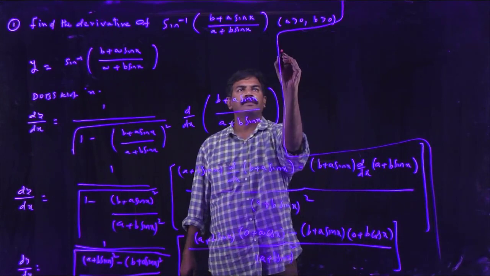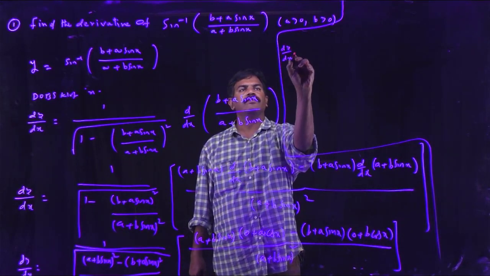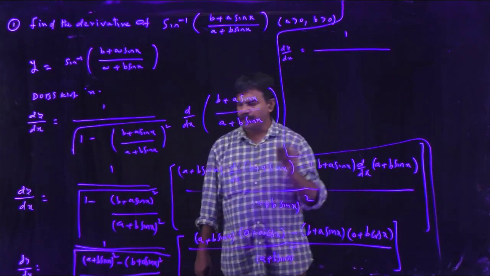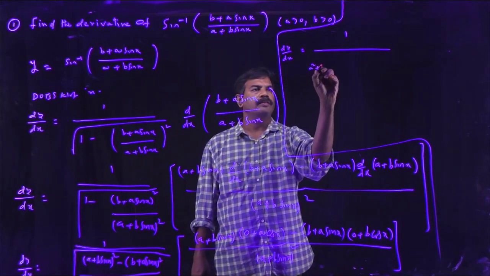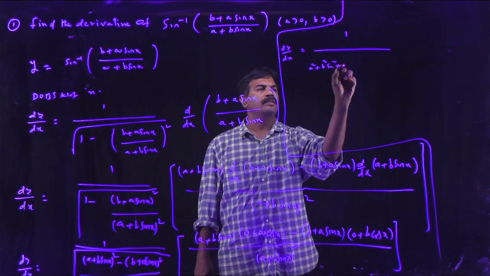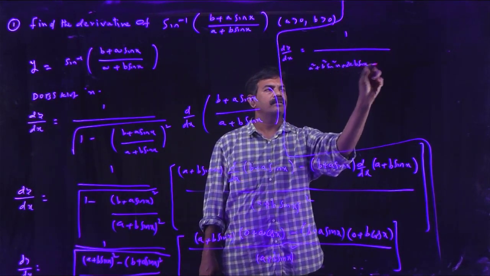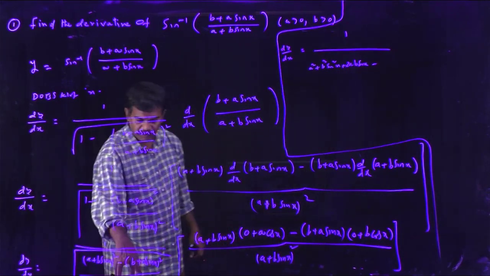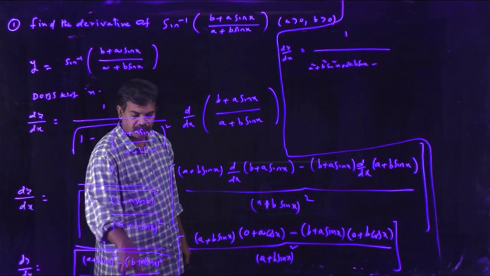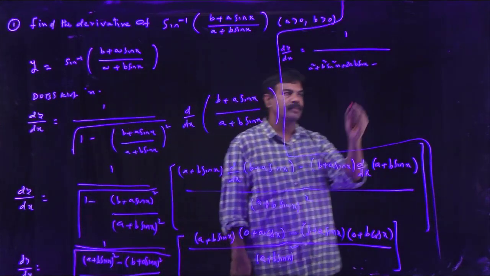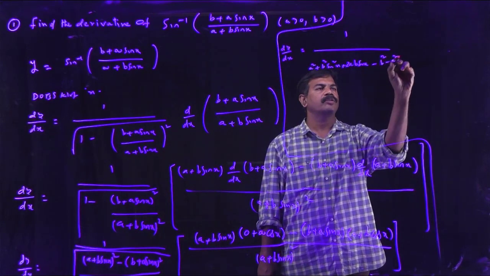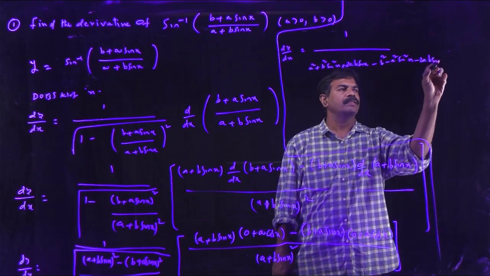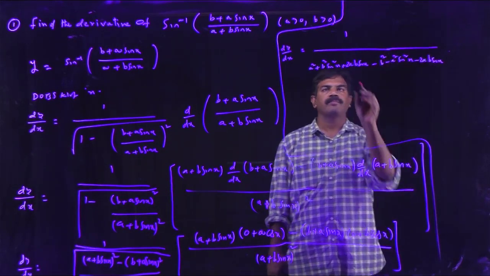That is dy by dx is equal to 1 by root of expanding: a square plus b square sin square x plus 2ab sin x, minus, here also expanding (a plus b sin x) whole square and multiplying with minus, we get 3 terms: minus b square minus a square sin square x minus 2ab sin x.